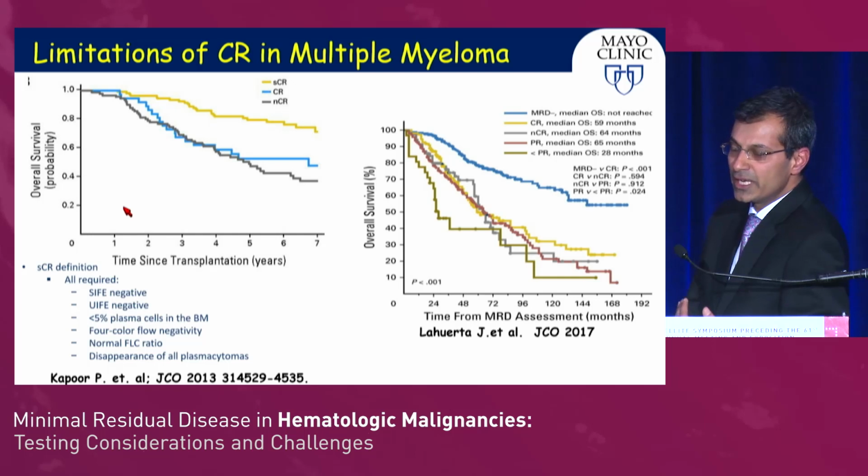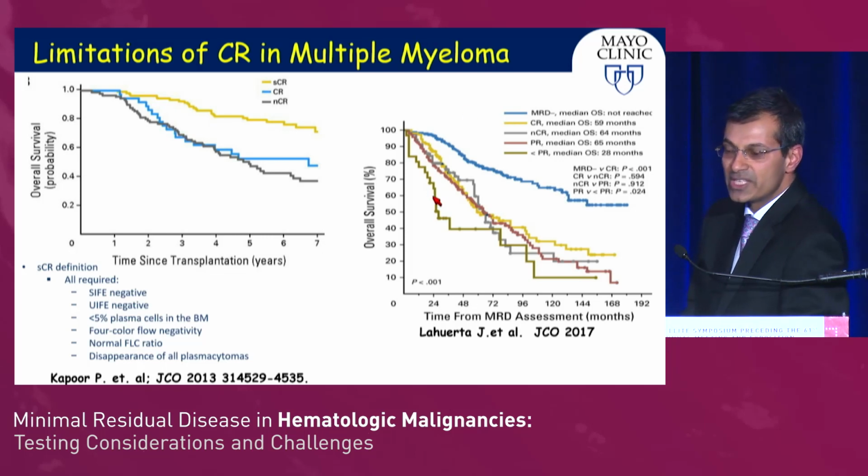Now, we had actually looked at our Mayo Clinic database to validate the role of this category of stringent CR. And what we found was that among patients who had achieved complete remission, it was patients who had achieved stringent complete response, defined here, were the ones who did exceedingly well. And once you removed those patients from the rest of the patients who had achieved CR, the other patients did not perform as well.